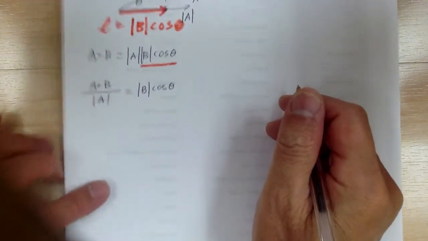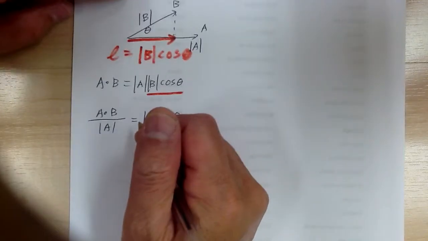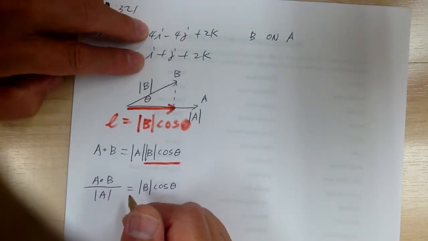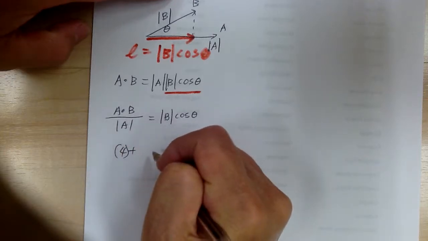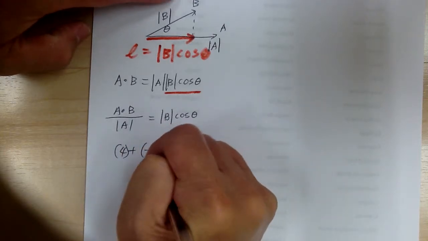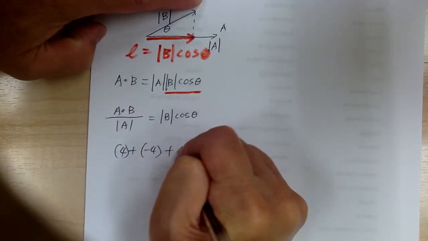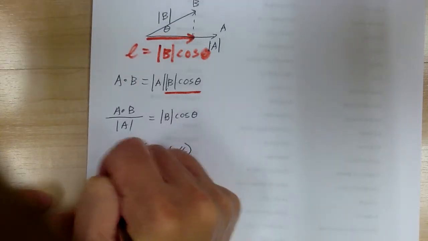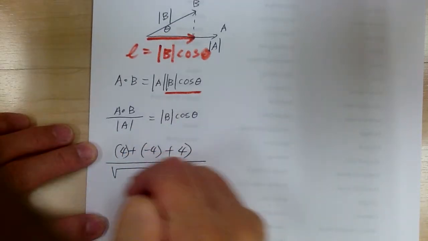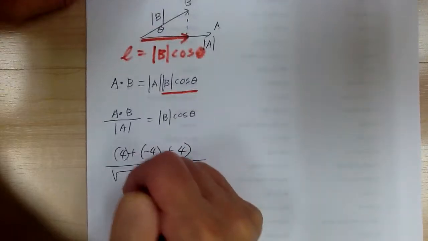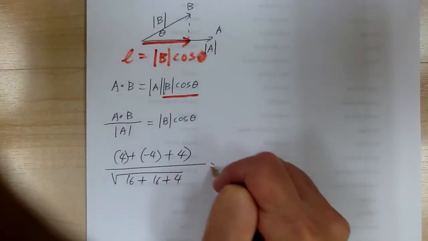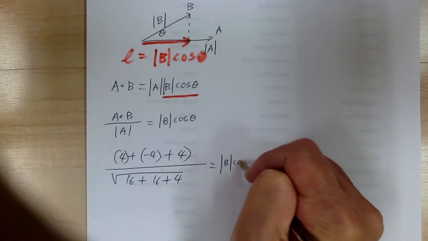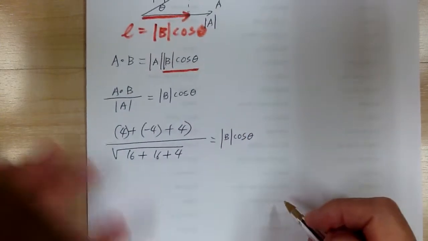Okay, so go ahead and just substitute. So you multiply. A dot B is going to equal 4 plus negative 4 plus 4, divided by the length of A, so it'll be the square root of 16 plus 16 plus 4, equal to B cosine theta.